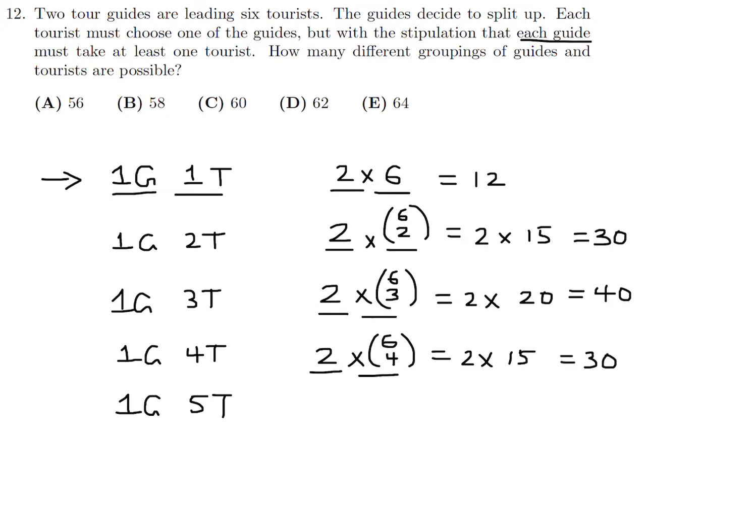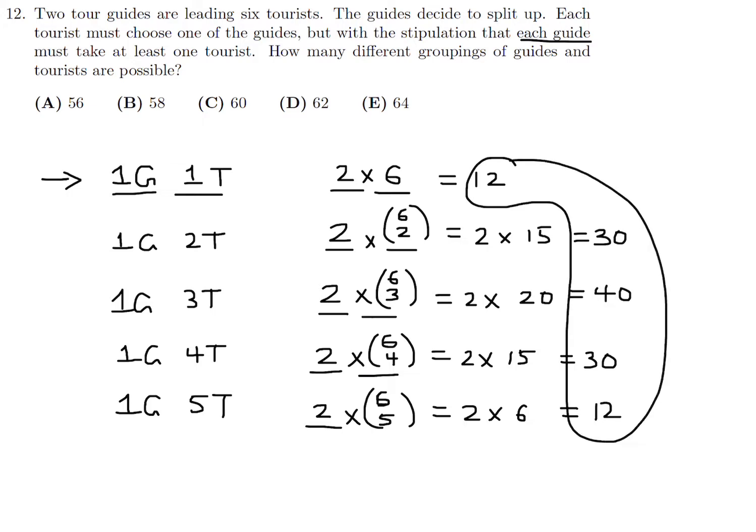And finally, one guide and 5 tourists: 2 choices for the guides, whatever they are, and for the tourists it's 6 choose 5, which is 6, so 2 times 6 is 12. We add all these up, and when you do, you get 124.